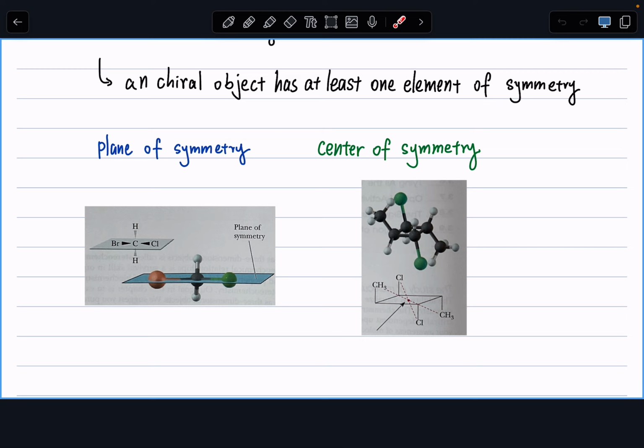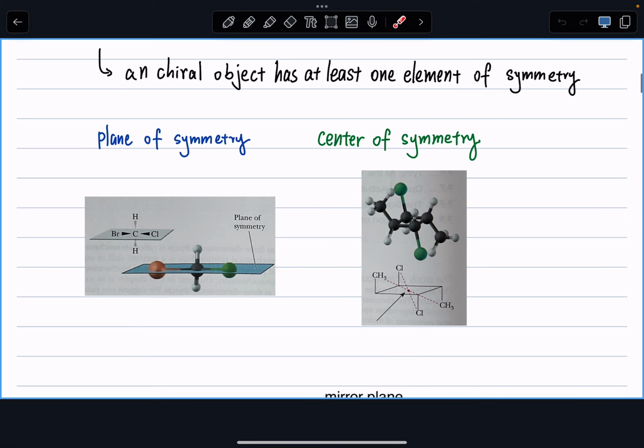All right. So first of all, we went over the definition of chirality. Chiral itself means handedness, meaning that the two molecules do not have an internal plane of symmetry, and they are mirror images of each other. Let's say that's a chiral molecule. And whenever you have an achiral object, basically you're saying this molecule has an internal plane of symmetry.